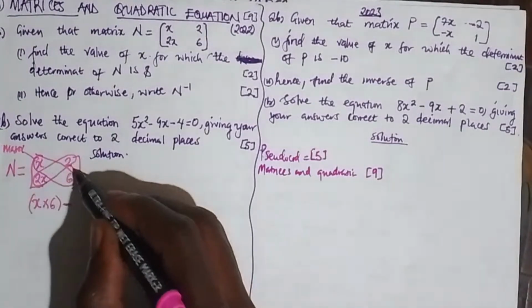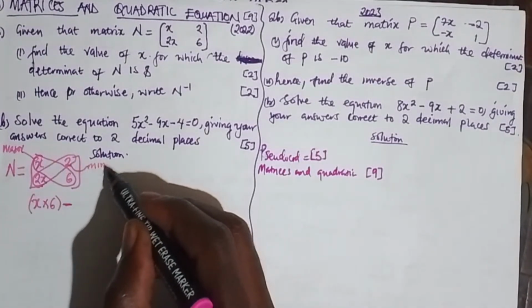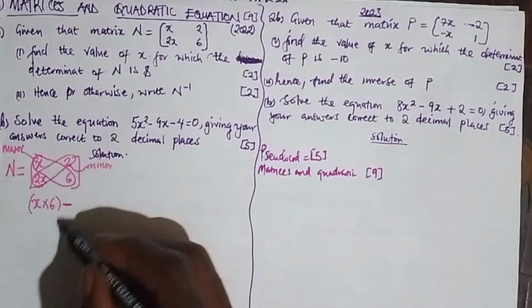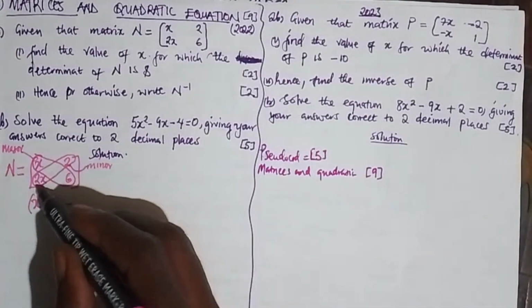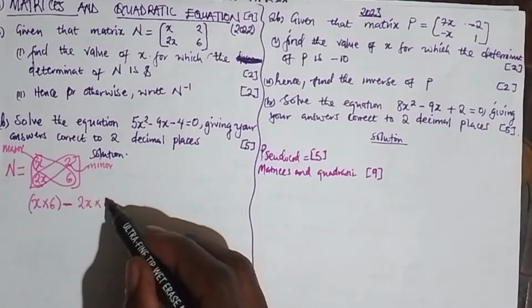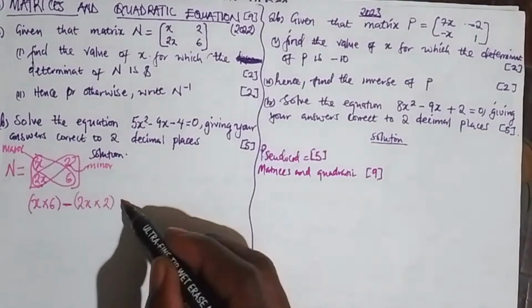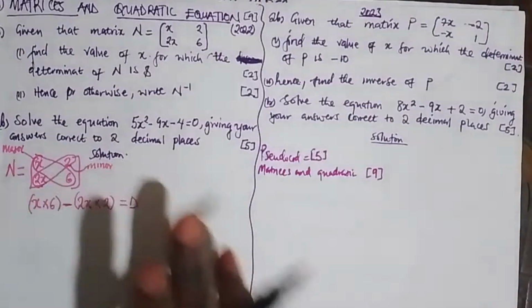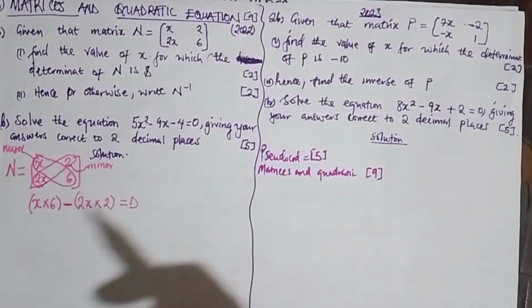So this is the minor. So I'm going to say x times 6, which is the major, minus the minor diagonal, which is 2x times 2, is equal to what? The determinant. So this is how we solve the determinant.